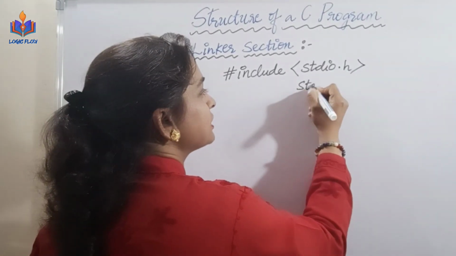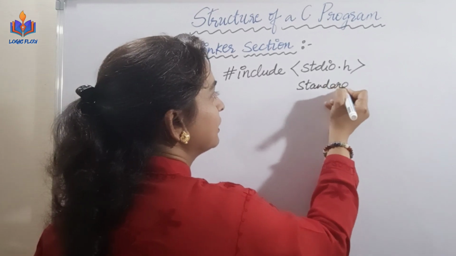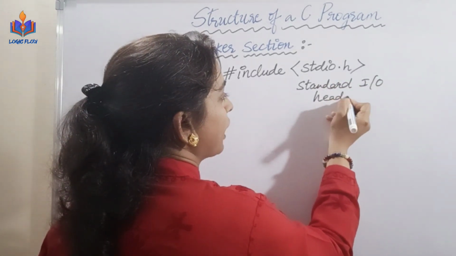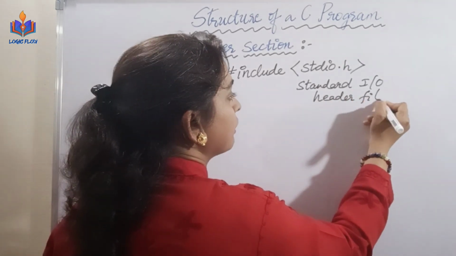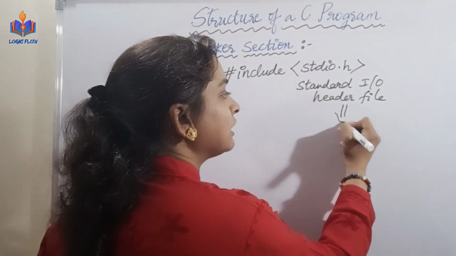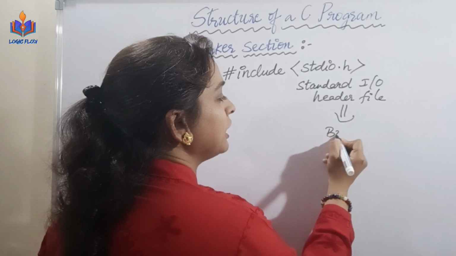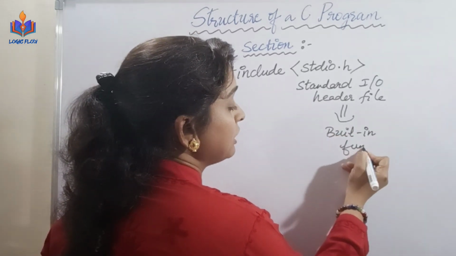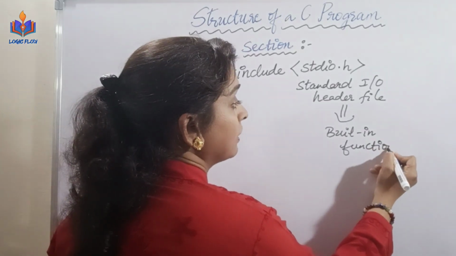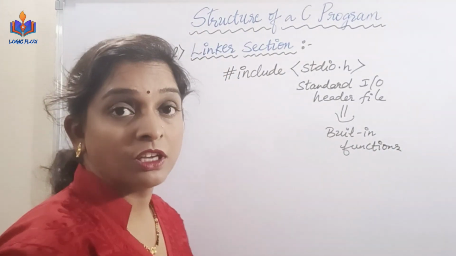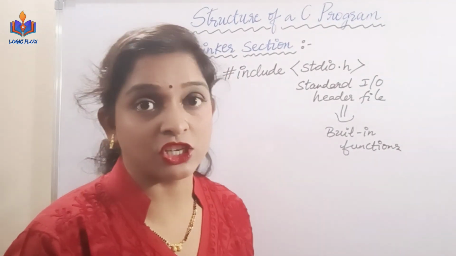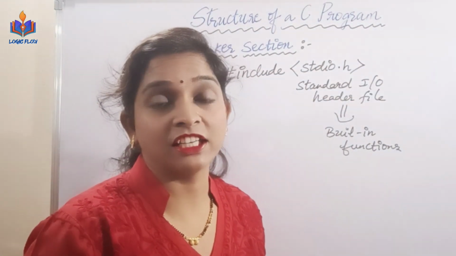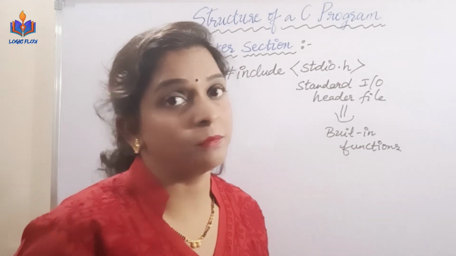A header file is like a folder wherein we get the definitions of all the built-in functions. We'll talk about these built-in functions in detail in the next coming videos. Just know that in the linker section, we include all the header files so that we can get the definitions of all the built-in functions.